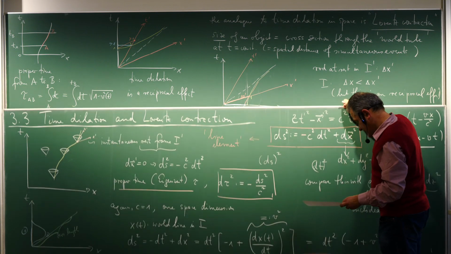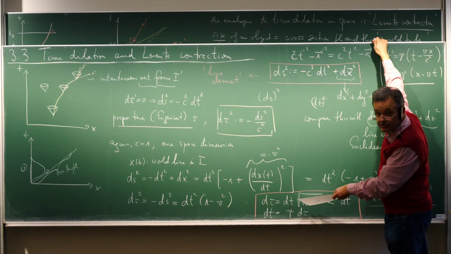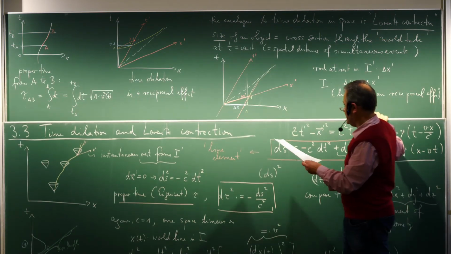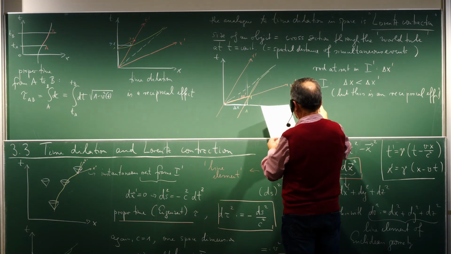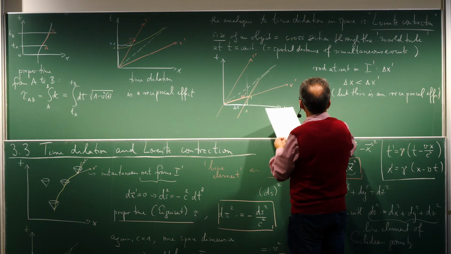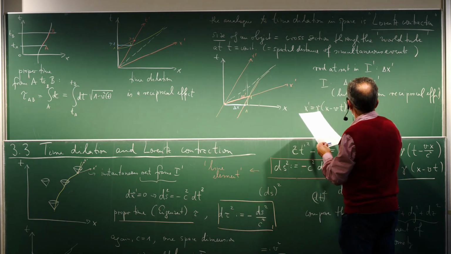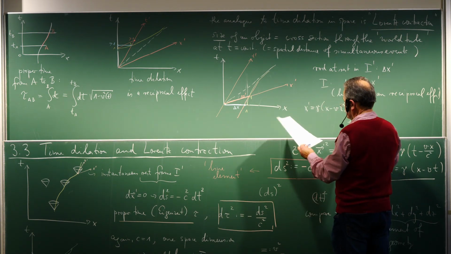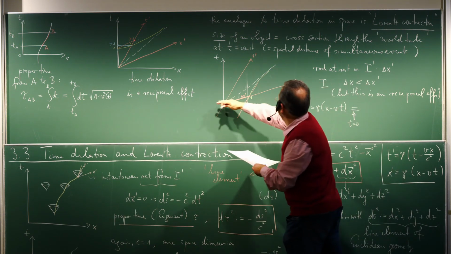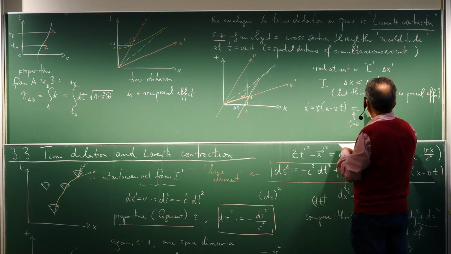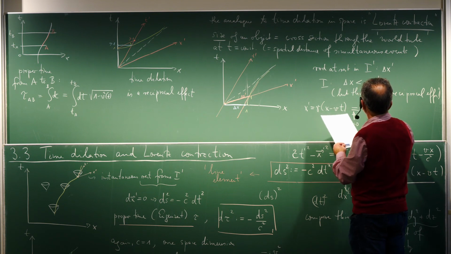Mathematically, we would expect something similar here to the time dilation, and in fact this is what turns out. So if we have x prime is gamma times (x minus vt), and we set t equals 0, then this is gamma times x.